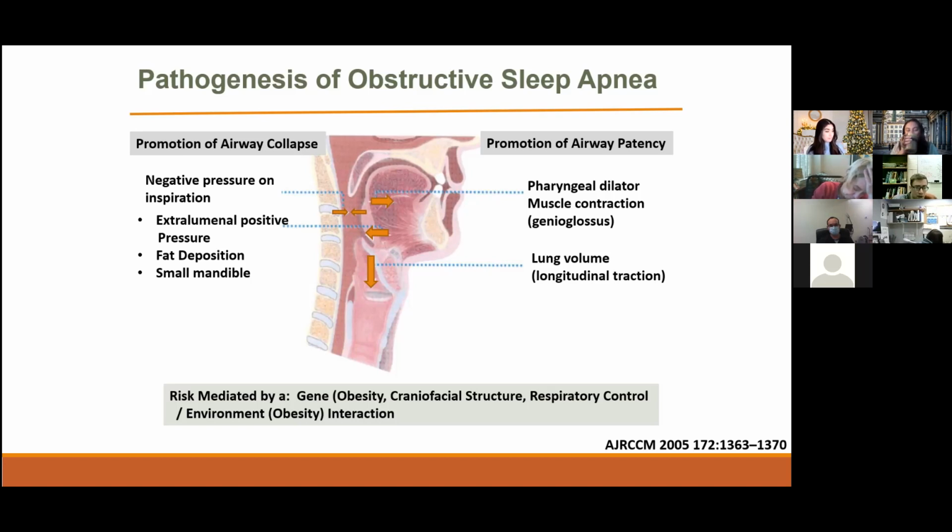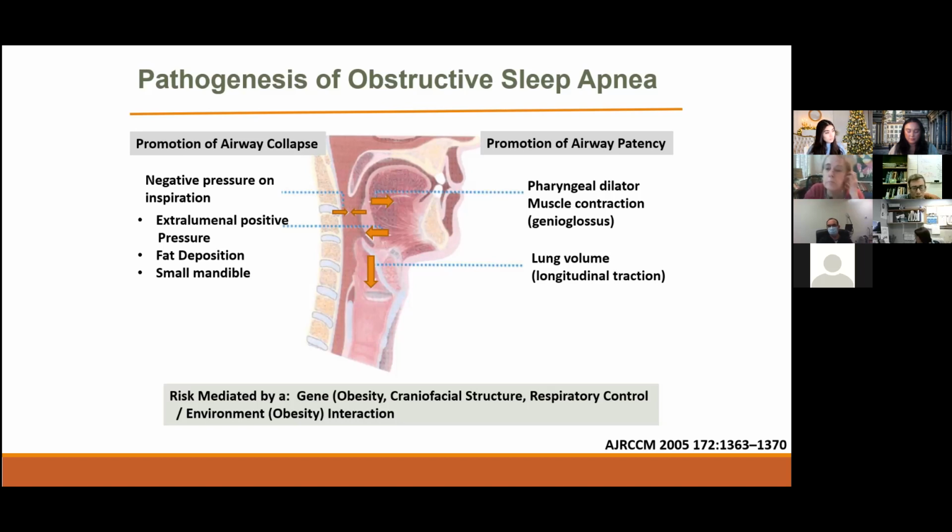Then we have things that promote airway patency. So your pharyngeal dilator muscles, with the most important being the genioglossus, and we'll talk about that later. And then your lung volumes. Essentially, when you take a breath, there's some tug by the trachea across the upper airway that puts traction against that upper airway and maintains patency.